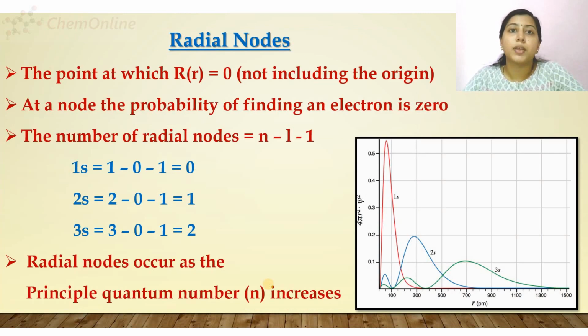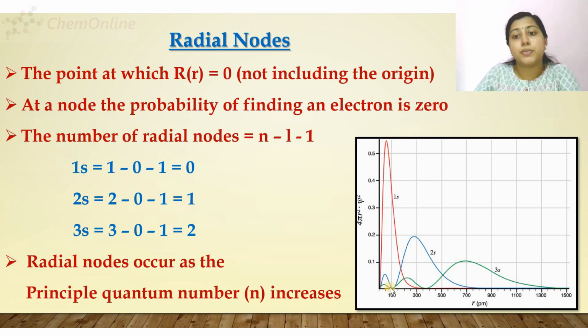Next is about radial nodes. If you look at the distribution curve for the 1s orbital, there is only one point of maximum probability of finding an electron. But as the value of n increases, that is, for the case of 2s and 3s orbitals, you can see certain minima or troughs in the curves.